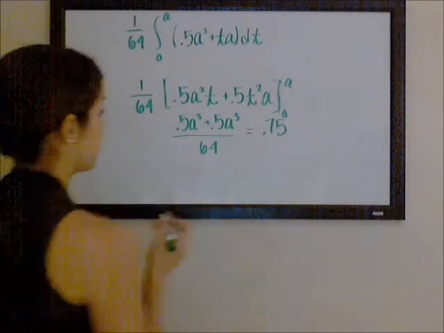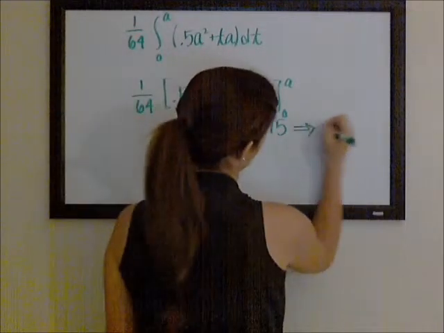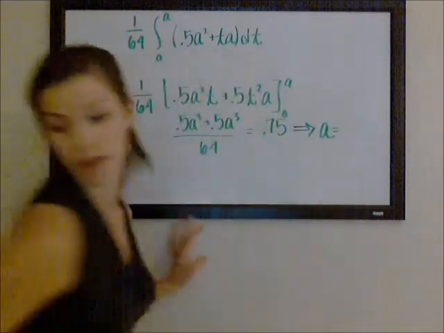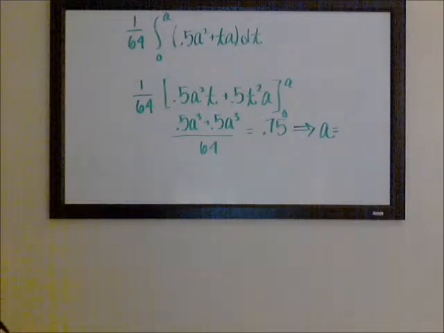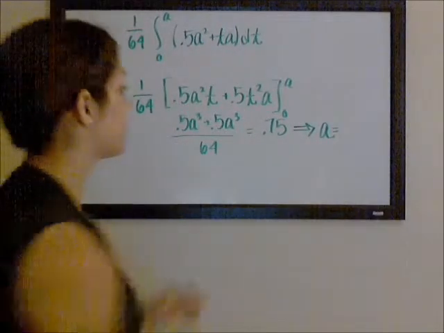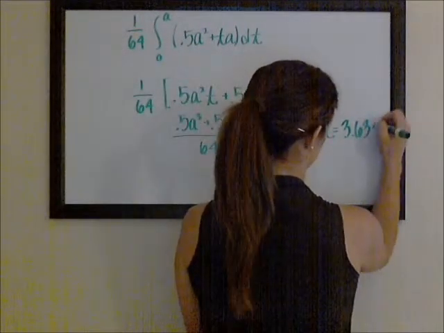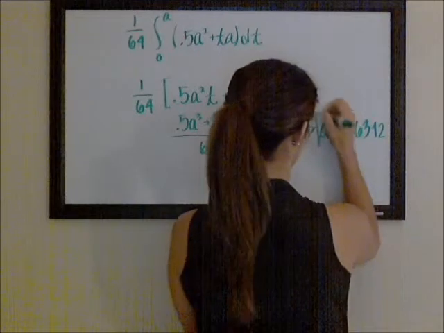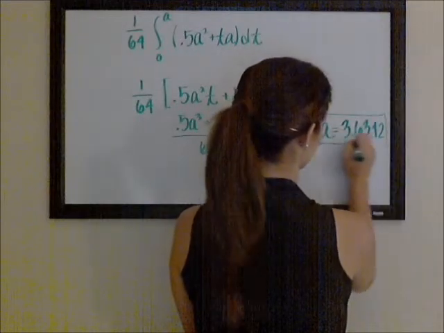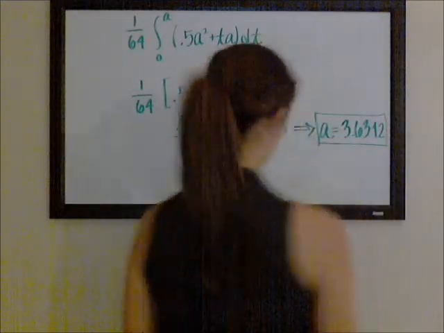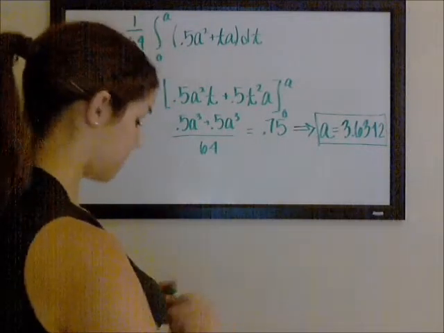So then you just need to solve for A, and I got 3.634. And that is our third quartile.